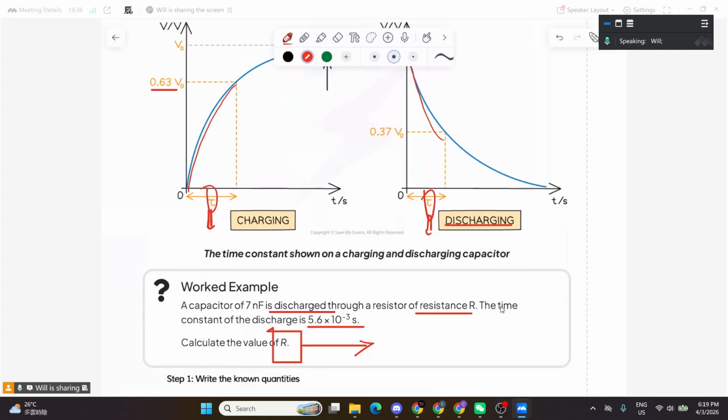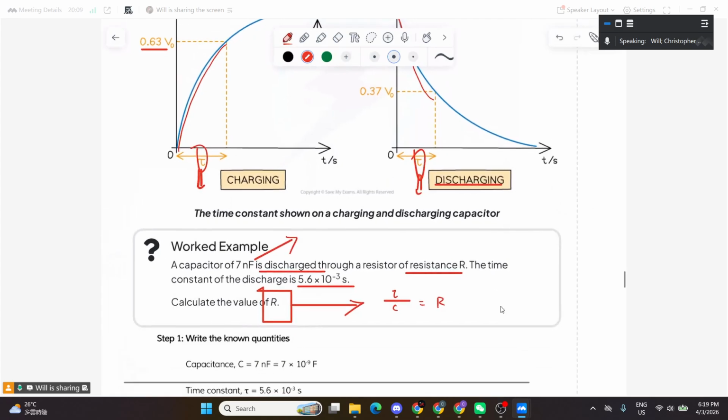Time constant equals the capacitance times the resistance. So rearrange the equation to R equals the time constant over the capacitance C, so we can get the resistance.